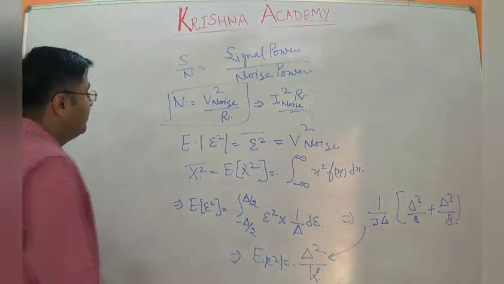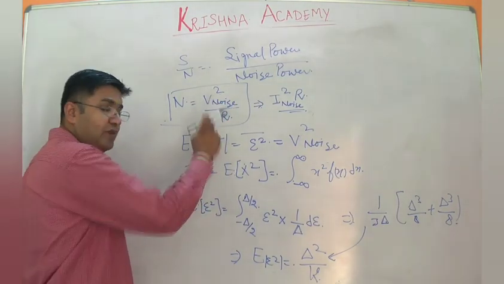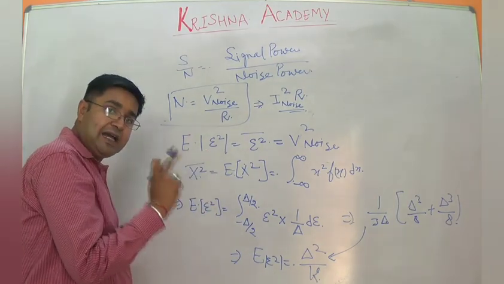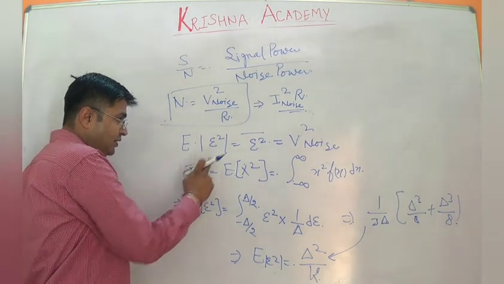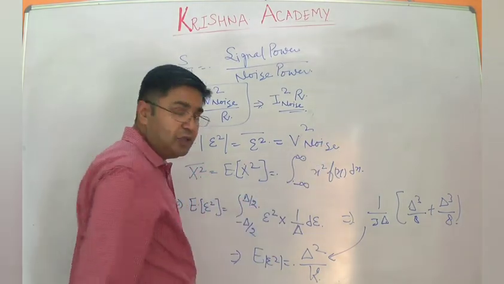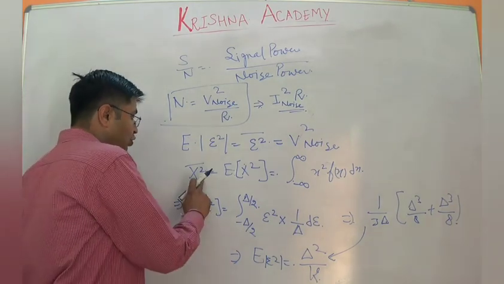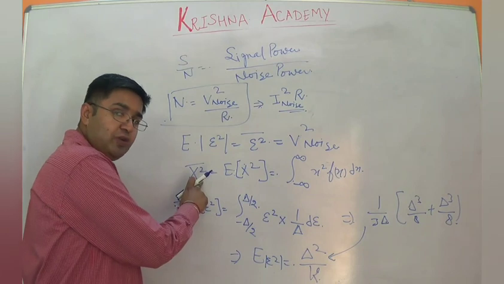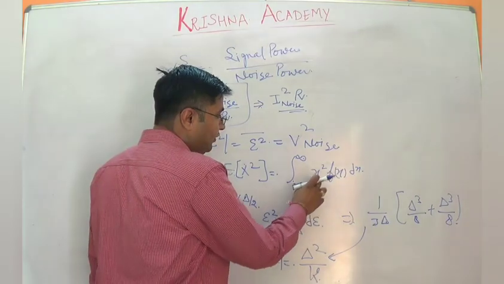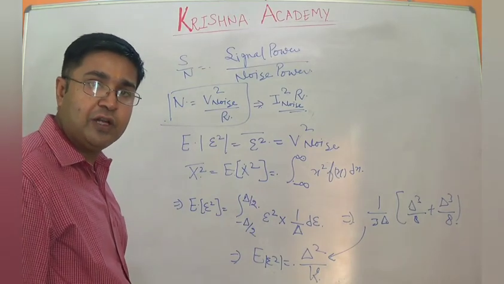Now what is happening is this noise part will be V square noise divided by R. That is the root mean square value of this voltage. Now if you are talking about the quantization error part, this will be the mean of all the errors, and that will be equal to V square, all the noises and the voltage available to it. So the mean square value will be E square, and that will be taken from minus infinity to infinity of x square f(x) dx. This is the normal function that we have where we have to calculate it.